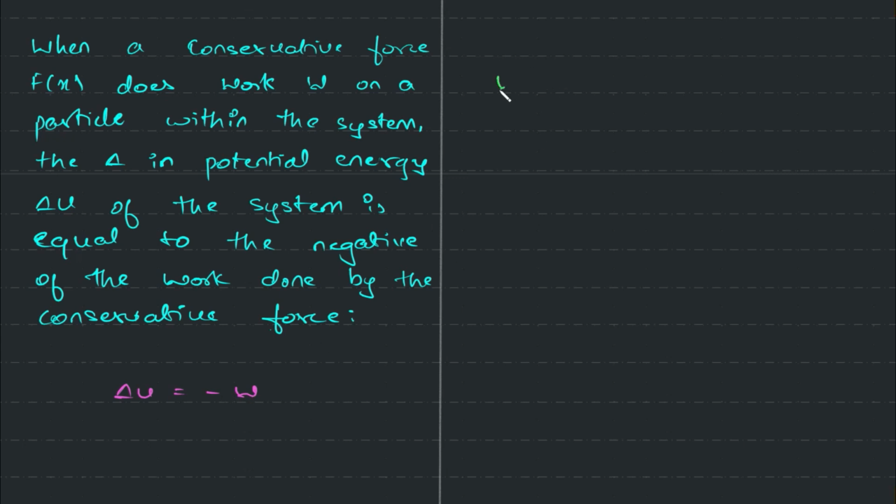Right, guys? So we know that work is given by the integration from xi to xf of f of x dx, and therefore delta U will be the negative of this expression. That's it.